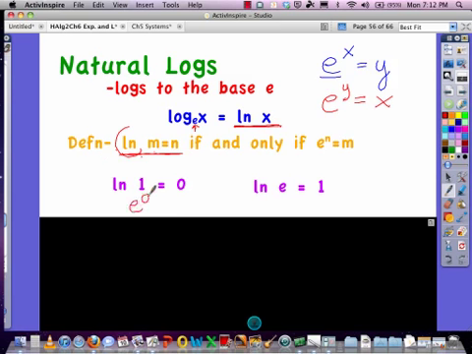E to the 0 power equals 1. That's where that came from. Any number to the 0 power is 1. This happens to be the natural log. That's how we knew we were in base e. Over here, same thing. We know our base is e to the power of 1, and it equals e. Well, true statement. Any number to the first power always equals itself.